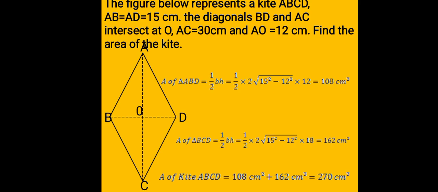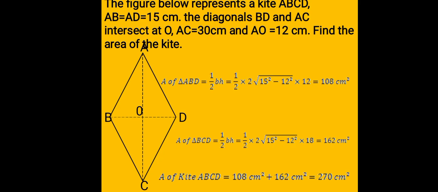Now what we mean here is that at O, OA is the height of that triangle, and OD is the base of triangle ADO. So to find the base OD, we have to take 15 squared, which we know AB or AD is, minus 12 squared. We have been given the length OA is 12.